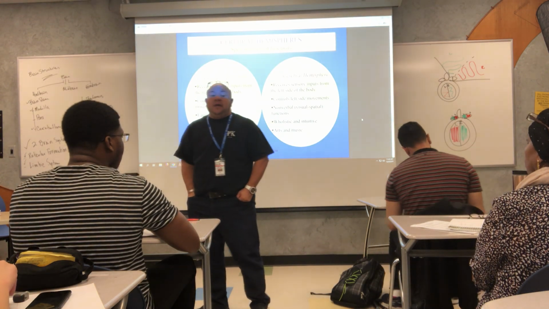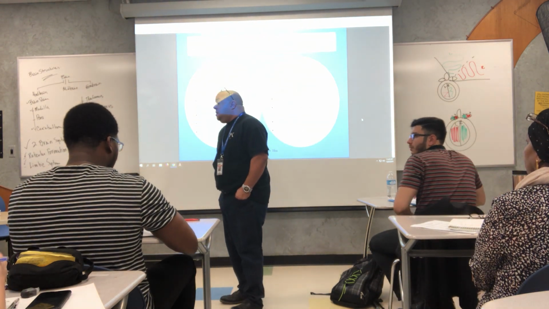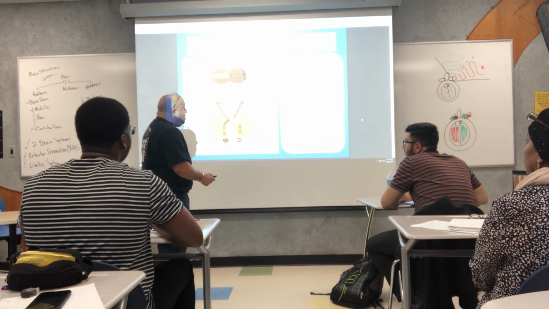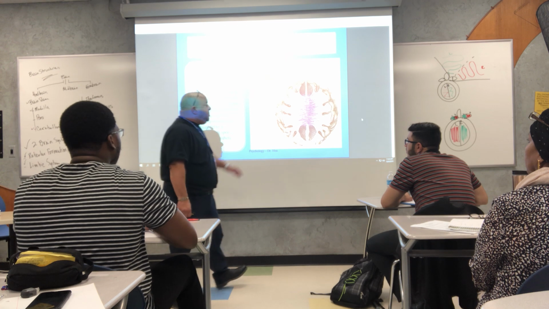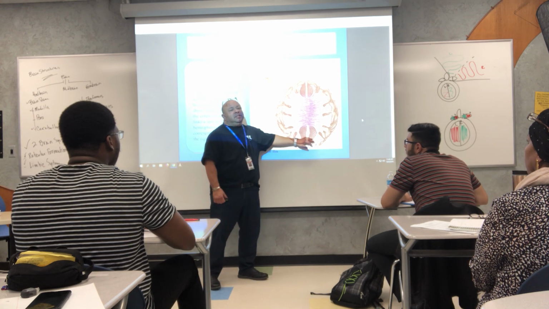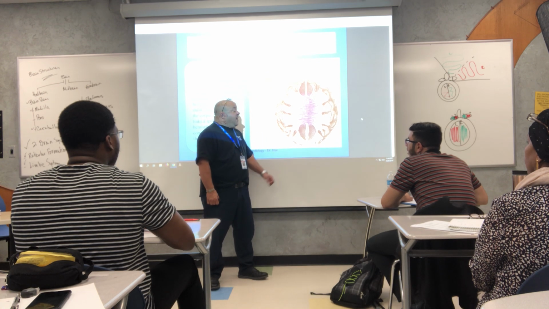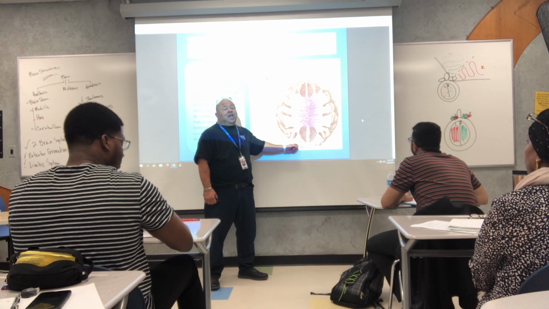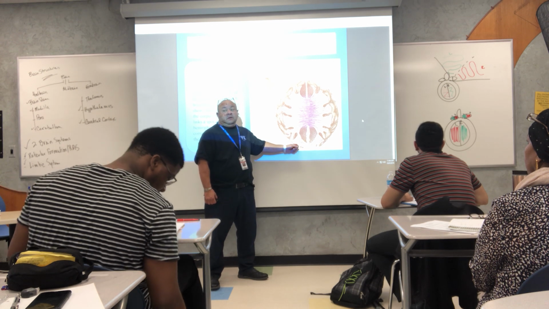So if I hurt myself in, let's go back at this one. This is my occipital lobe back here. As we'll talk about next time, this is the lobe that deals with vision. If I hurt myself in my left occipital lobe, which eye will be affected?